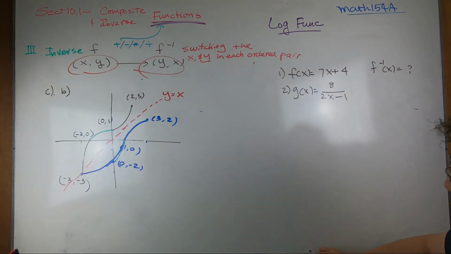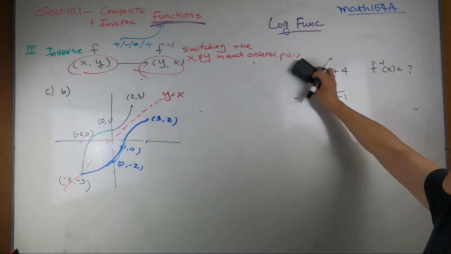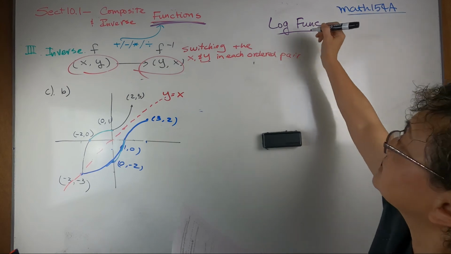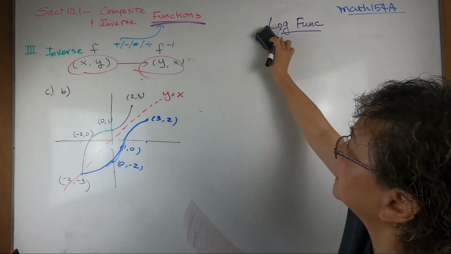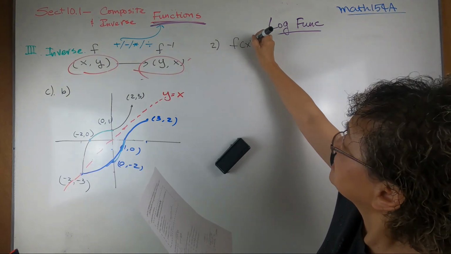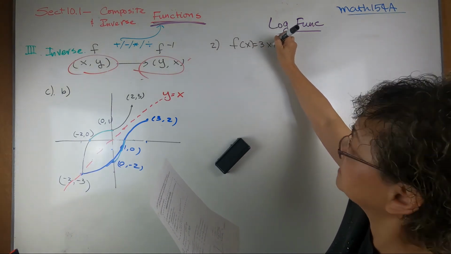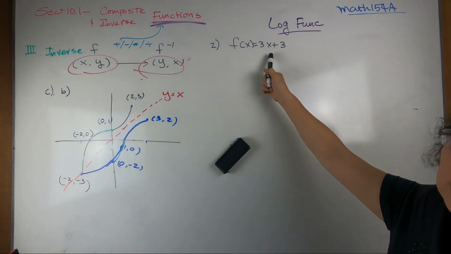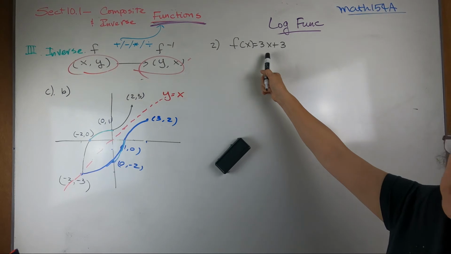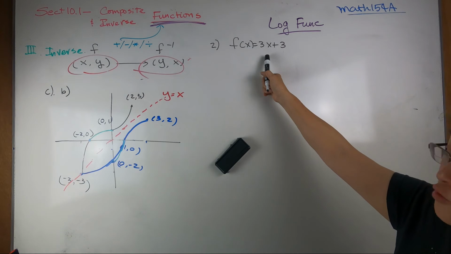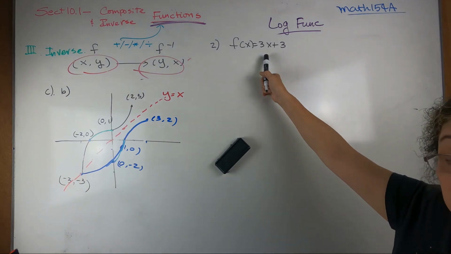So, however, what happens if you have a function that looks like this? Okay, if you have a function that looks like f of x equals 3x plus 3. Is this a function? It's a line. y equals mx plus b, right? Then how do you find the inverse function?